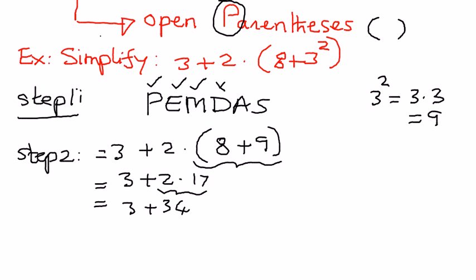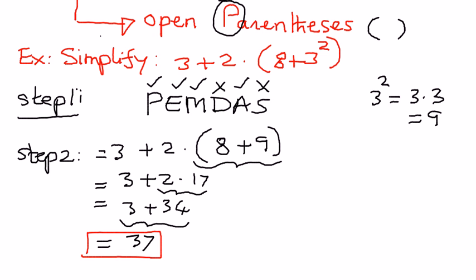We do not have division, so we put a cross on top of that. We have addition to perform, so we add 3 plus 34. 3 plus 34 is equal to 37. And that is our answer. We don't have subtraction, so we put a cross across that operation, indicating that we do not have those operations to perform in this particular problem.